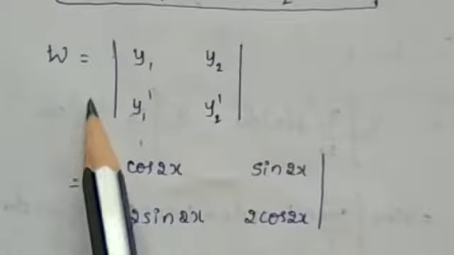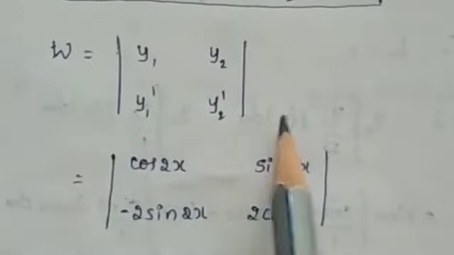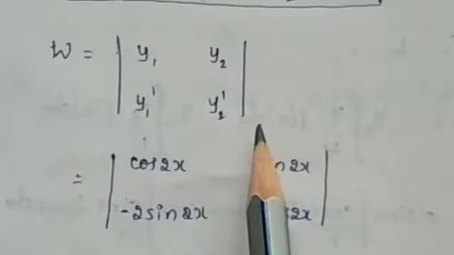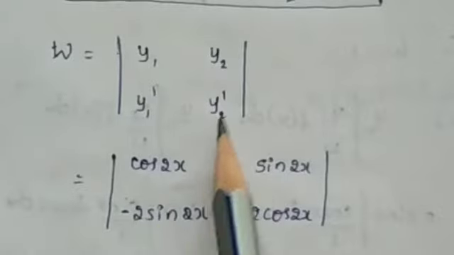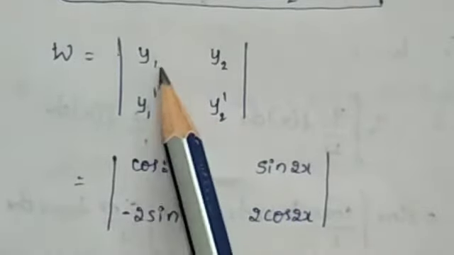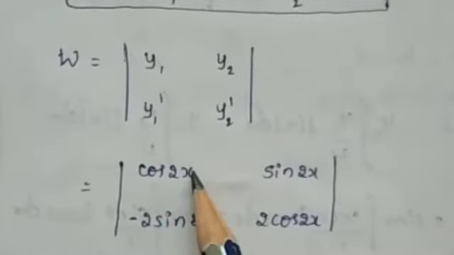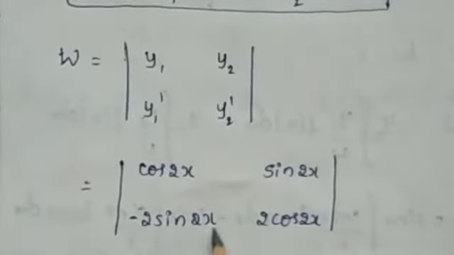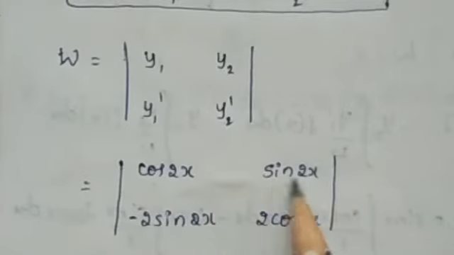Then we find W, which is the determinant of y1, y2, y1 dash, y2 dash. y1 is cos 2x, y2 is sin 2x. y1 dash is the differentiation of y1. So cos 2x differentiation is minus sin 2x into the differentiation of 2x, which is 2. Okay, sin 2x differentiation is cos 2x into the differentiation of 2x, which is 2.